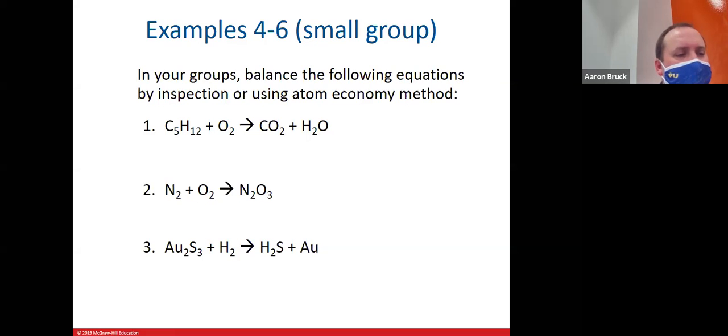But in that 10 minutes, try to balance these 3 equations. Keep in mind the things that we looked at and some of those guiding principles that we use. So go ahead and work on those. We'll come back in about 10 minutes with the answers, and we'll try to catch any questions along the way.